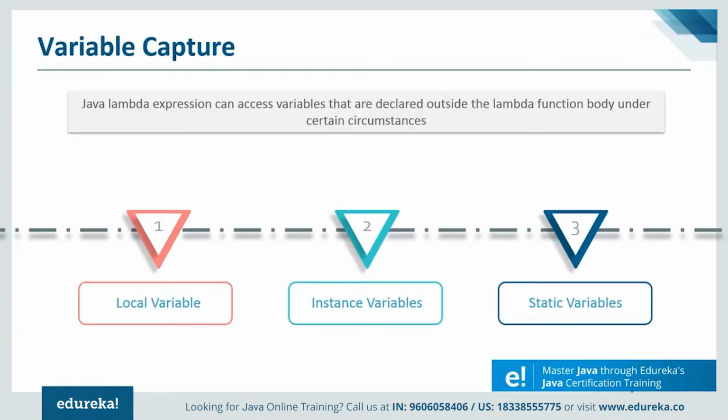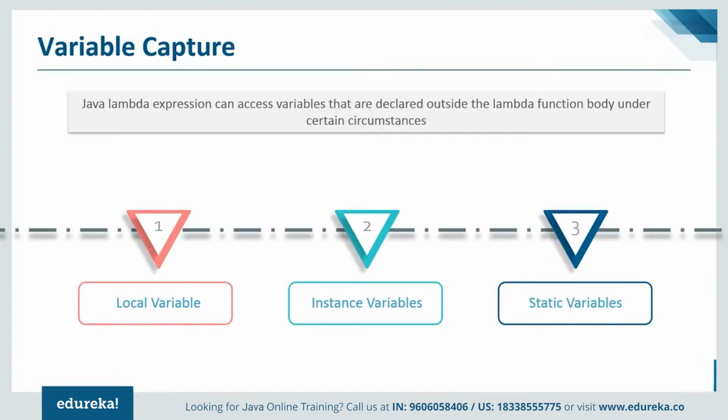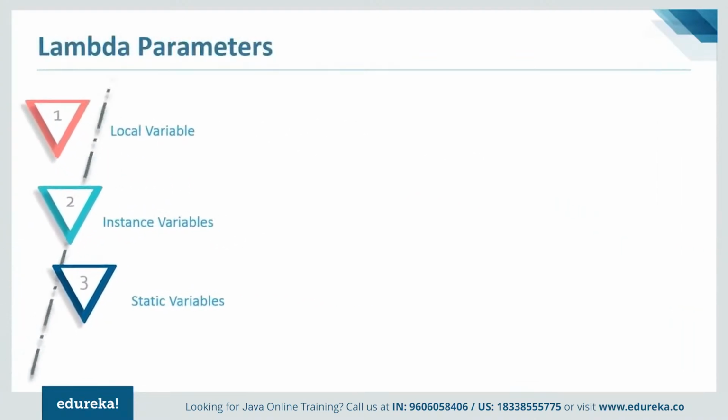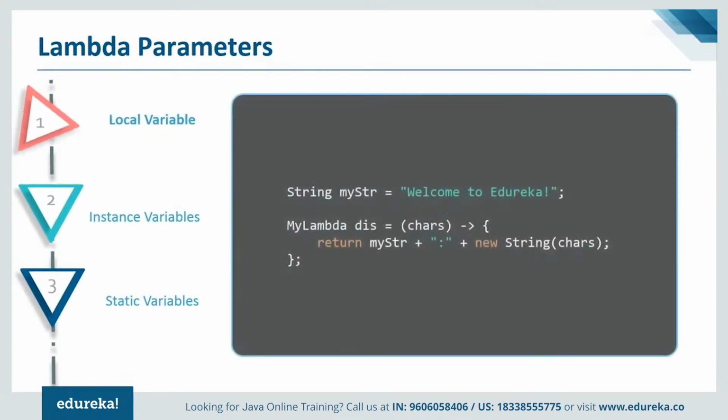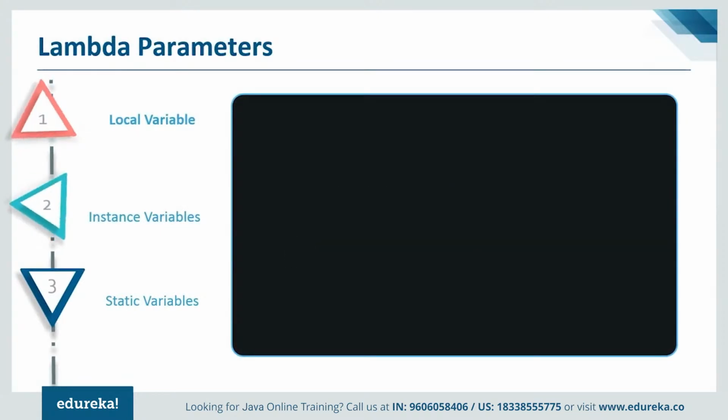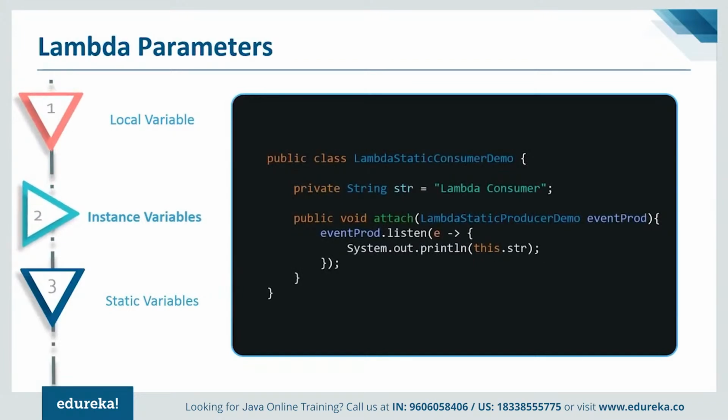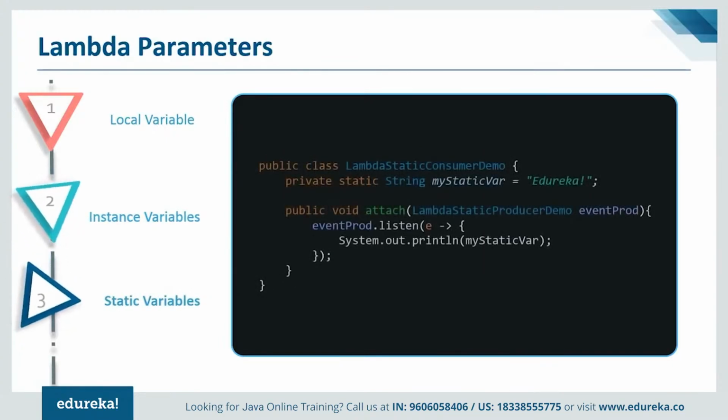Now you are doing a computation and you definitely need to make sure that there are some variables which you need to define and use here and there. So let's see how we can deal with them. The very first one is a local variable. You can declare the variables within the lambda expressions, right? Instance variables, so the variable can belong to your object and that can be very easily utilized in your lambda expression. We can even have a static variable which can be used in the lambda expression.